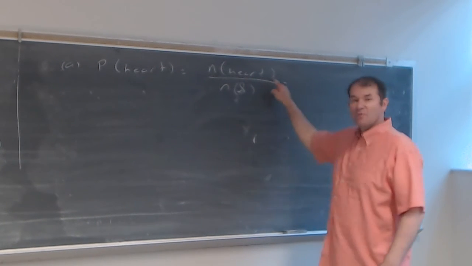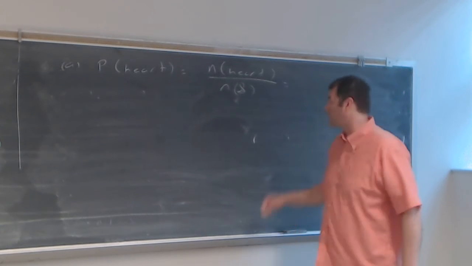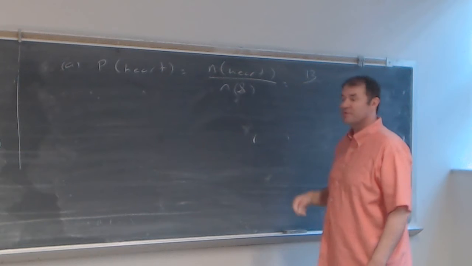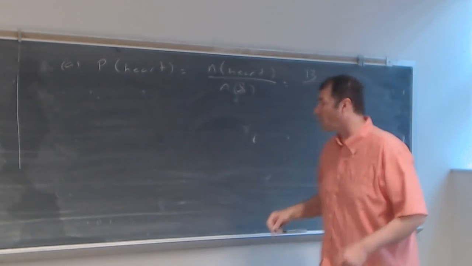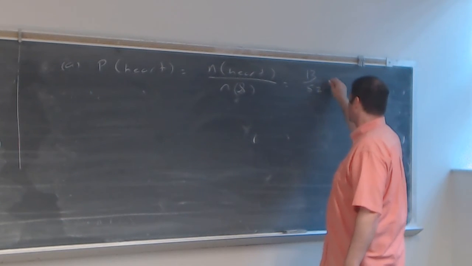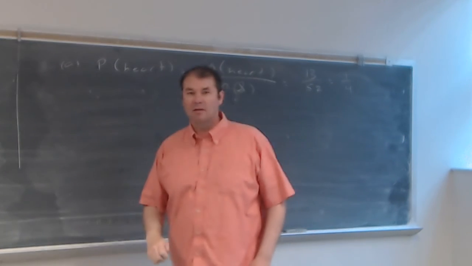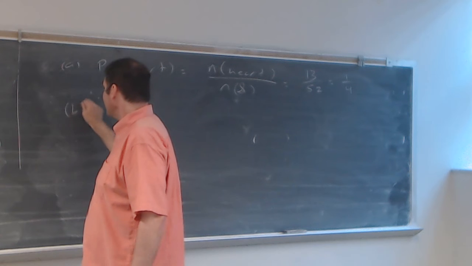And so the number of hearts, there were 13 of them, ace through king. And the number in the sample space, well, in the deck, there's 52 cards. So the answer is 13 out of 52, or 1/4.